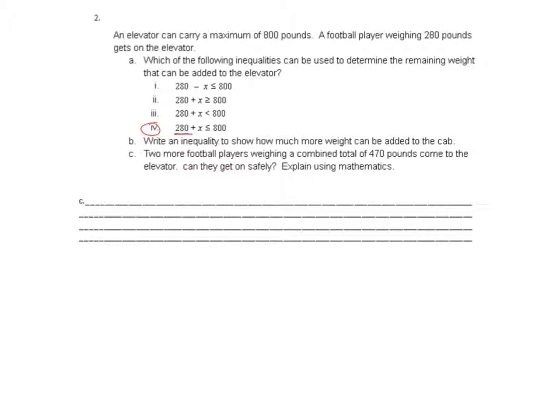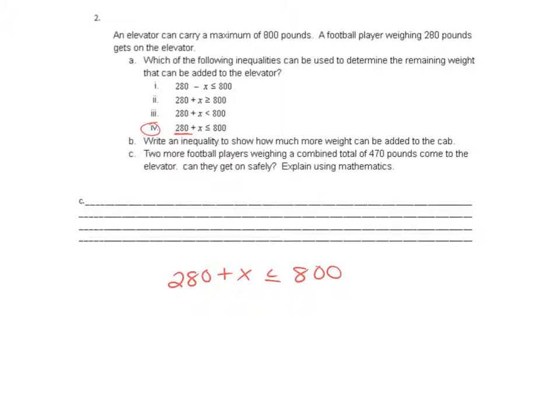B. Write an inequality to show how much more weight can be added to the cab. So how do I solve B? Well, here's the inequality we came up with. How do I figure out how much more can be added? What do I do?